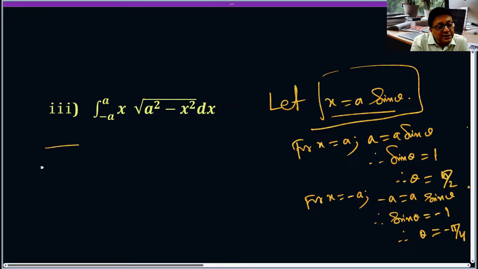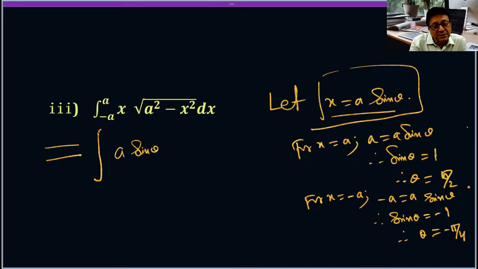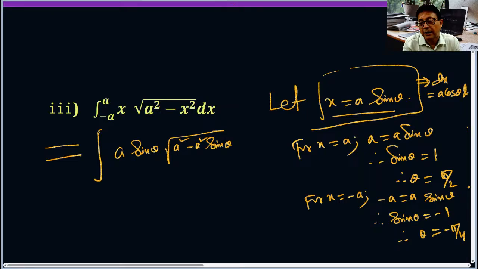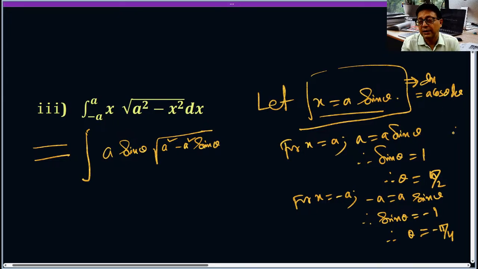So once you change the limit, the whole integrand should be written in terms of the new variable: a sin theta, and this is what? a square, isn't it? And what is dx? a cos theta d theta. That is the value of dx. Understand? Just differentiate. So put it here.